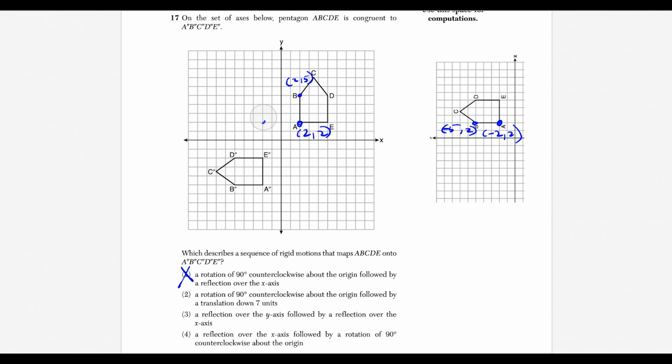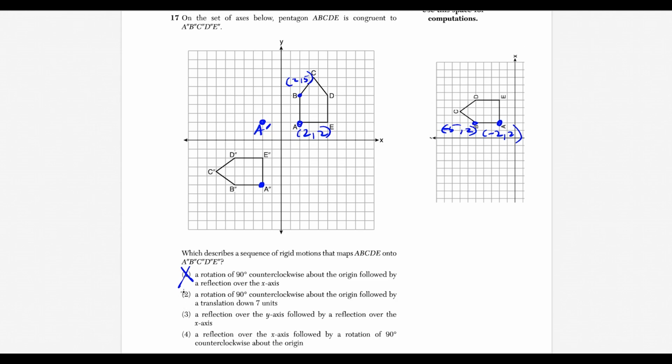So now I'm going to make more markings on this. We try out B. We rotate 90 degrees counterclockwise, and we're at the point negative 2,2. So this is A prime, and now we're going to go down 7 units. We're going down 1, 2, 3, 4, 5, 6, 7. So far this one checks out.